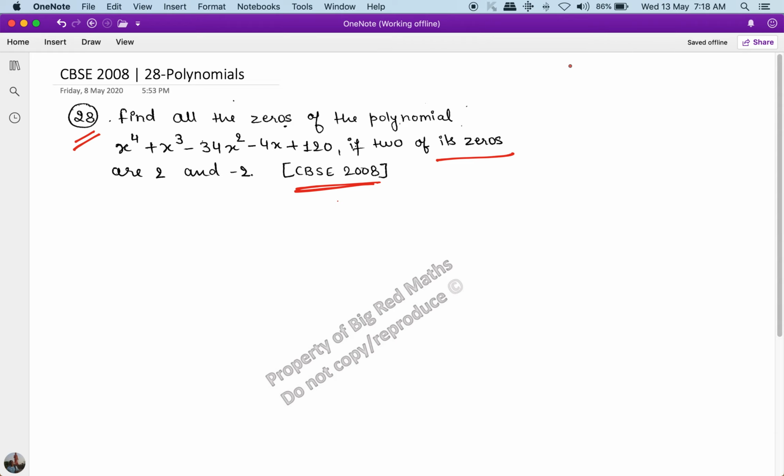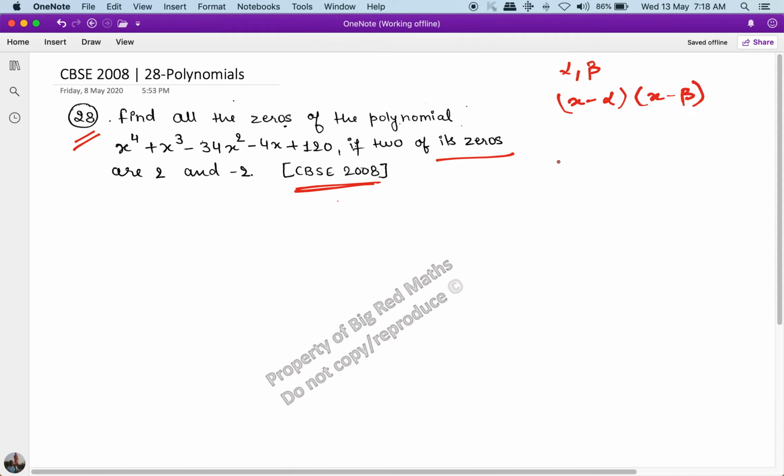Now remember, if alpha and beta are two of the zeros of a polynomial, then x minus alpha and x minus beta are factors of the polynomial.